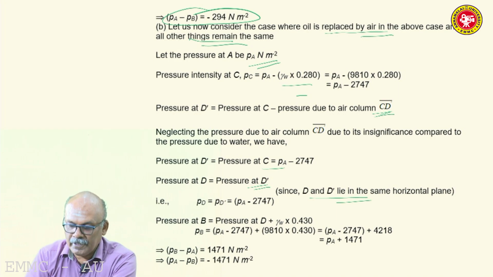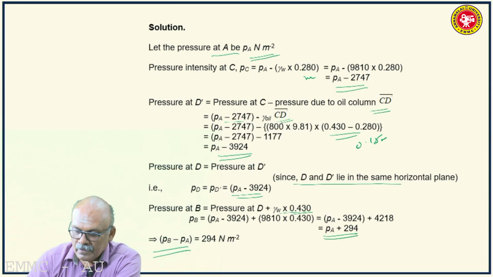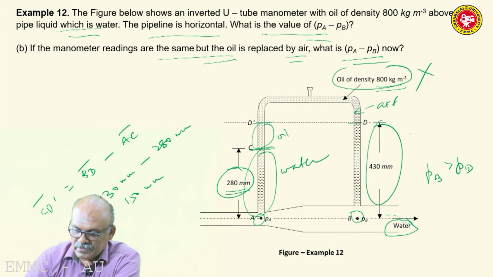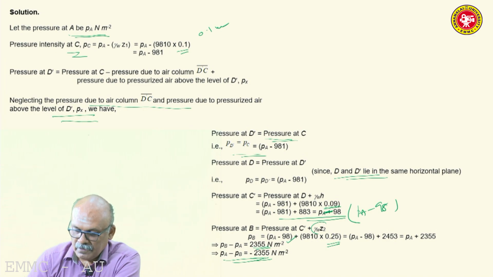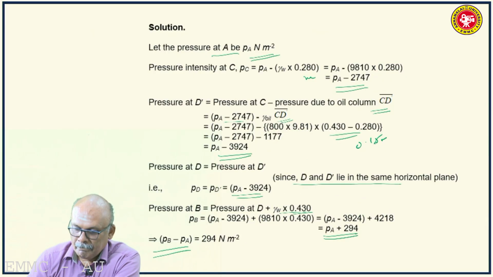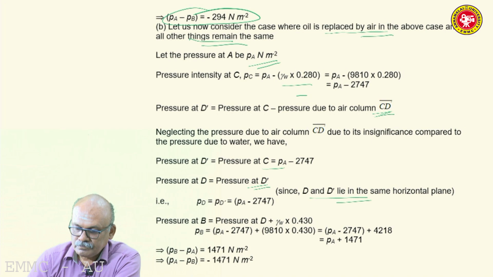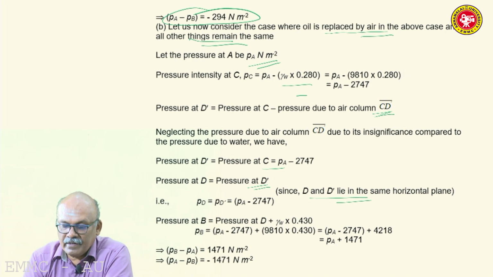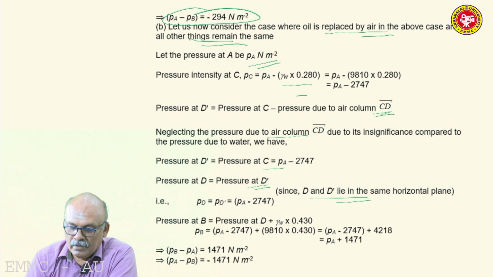Then pressure at B, instead of oil you have air column here, C D dash, right? So pressure at D dash will be pressure at C only, because we are neglecting the air column.